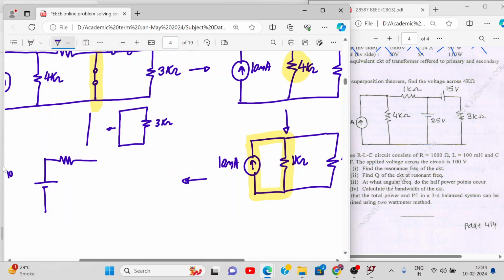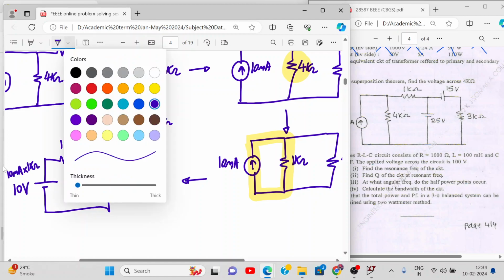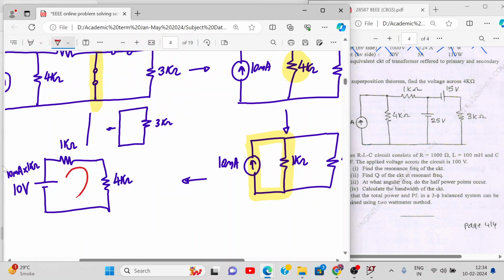10 milliampere into 1 kilo. Can you tell me how much is that? This is 1 kilo only. Hello. 10 amperes. No, it's a voltage. So 10 volt, right? Yes, 10 volts.